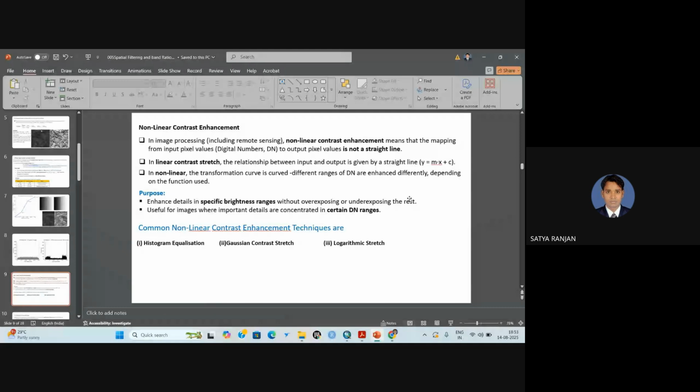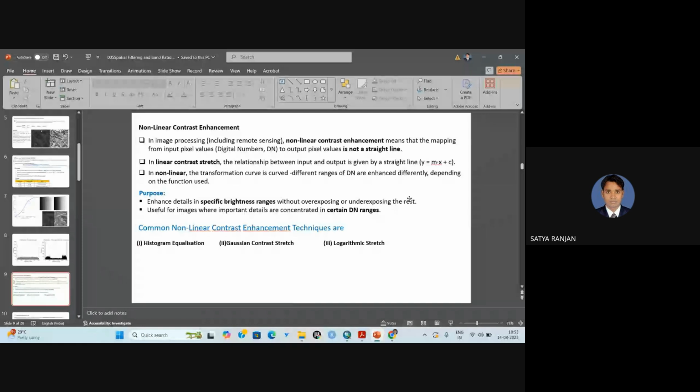Then another method is non-linear contrast enhancement. In linear enhancement, linear techniques are used, but in non-linear enhancement, no linear techniques are used.